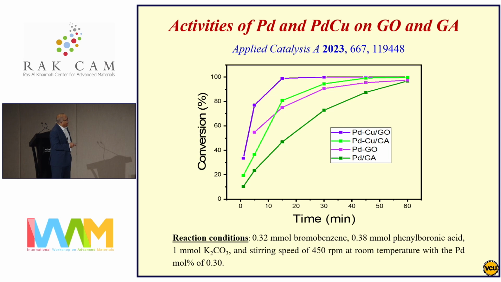So palladium on graphene oxide and palladium copper on graphene oxide both show higher activities than the corresponding catalysts on graphene acid. So it turns out that increasing the carboxylic groups did not really enhance the activity of the catalyst supported on graphene acid compared to the catalyst supported on graphene oxide.